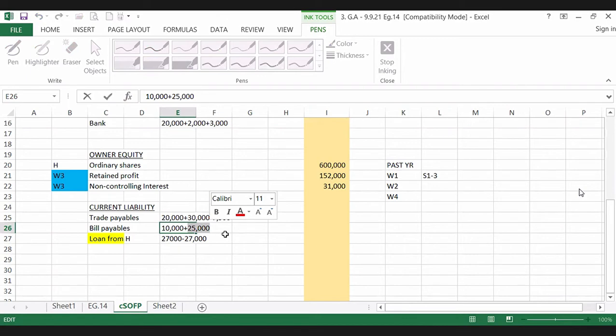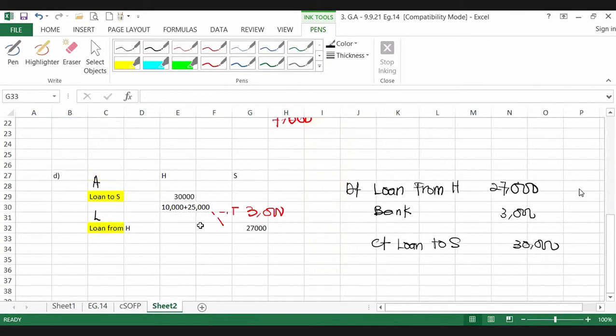Okay. So H has discounted 8,000 of this bill. So when we have a discounted situation, I would like everyone to go to the textbook, go to page 374. If you observe 10.8.4, did you see bill receivable and payable?